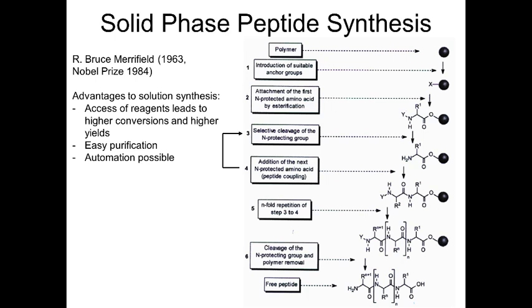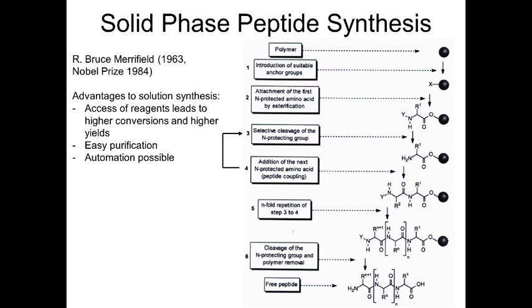This concept was introduced by Bruce Merrifield in 1963, and it was awarded the Nobel Prize in 1984. The advantage of this new technique compared to solution synthesis is that an excess of reagents can be used, which leads to higher conversion and finally to higher yields.